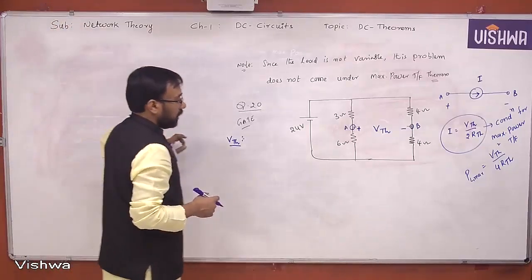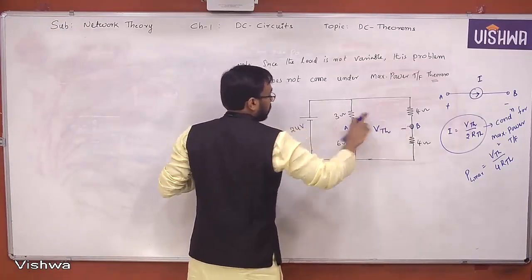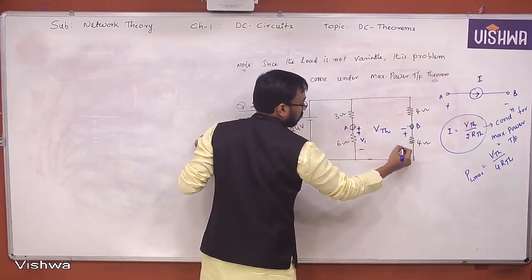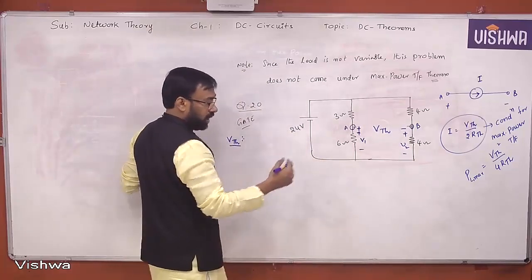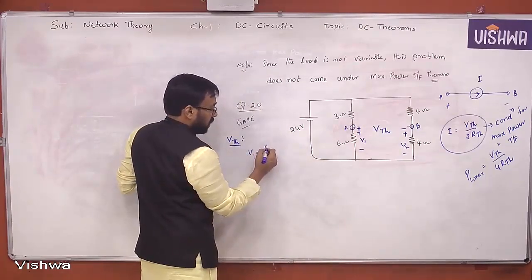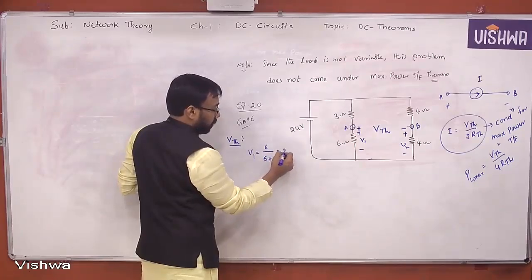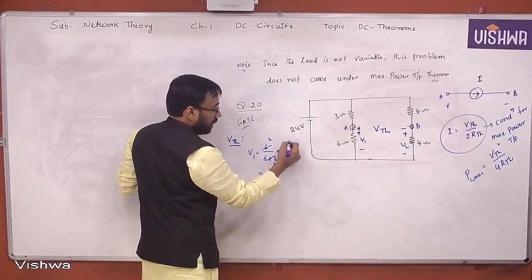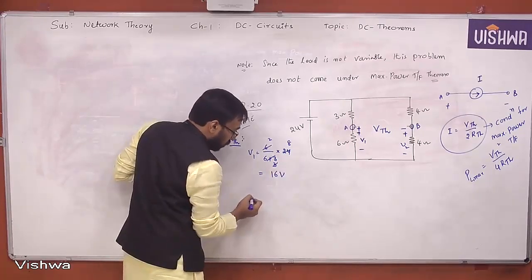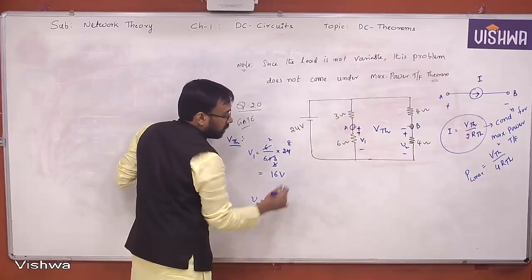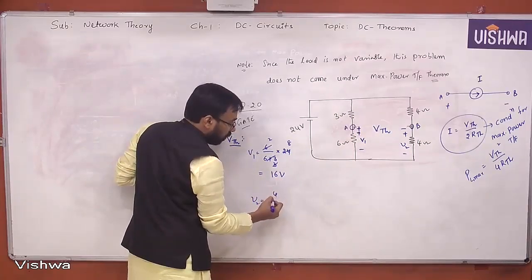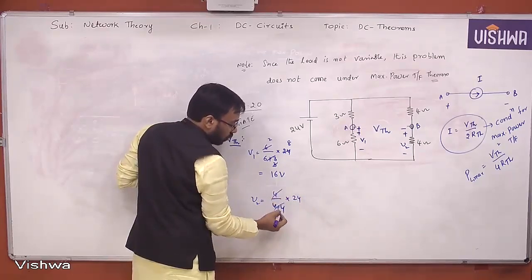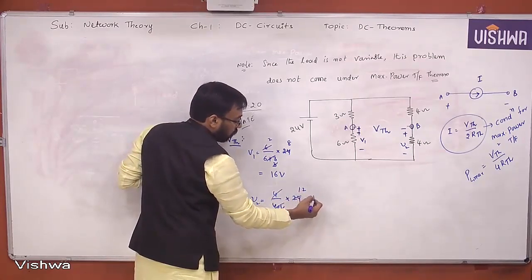So how do you find VTH? These two are in series, and these two are in series. The total voltage is applied. Say this is V1 and this is V2. Obviously VTH is equal to V1 minus V2. What is V1? 6 by 6 plus 3 into 24, which is 16 volts. V2 is 4 by 4 plus 4 into 24, which is 12 volts.